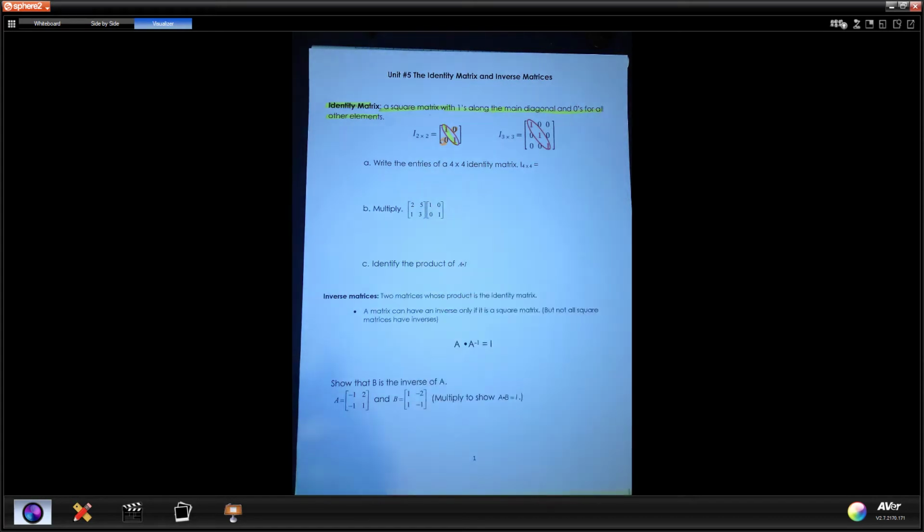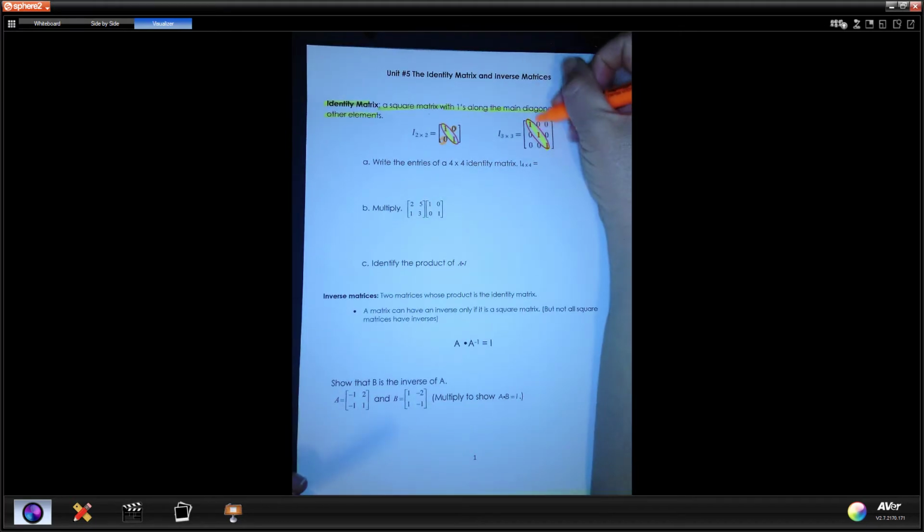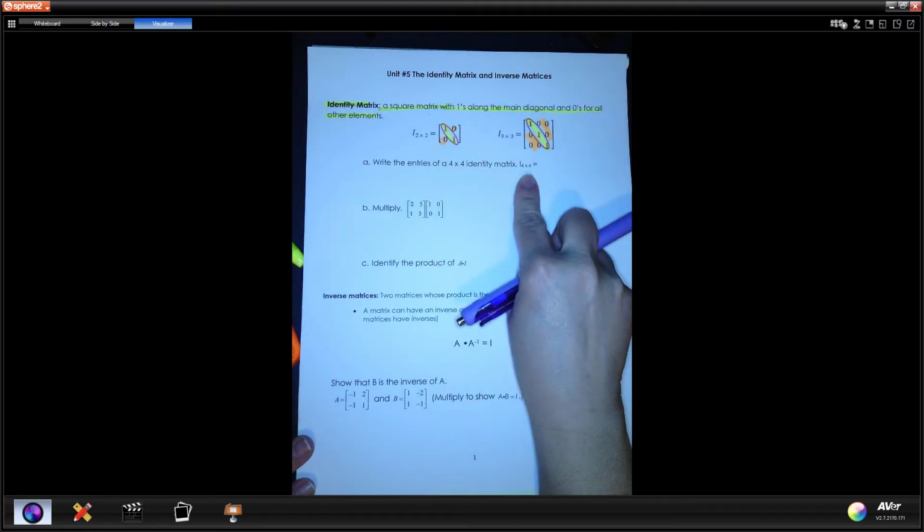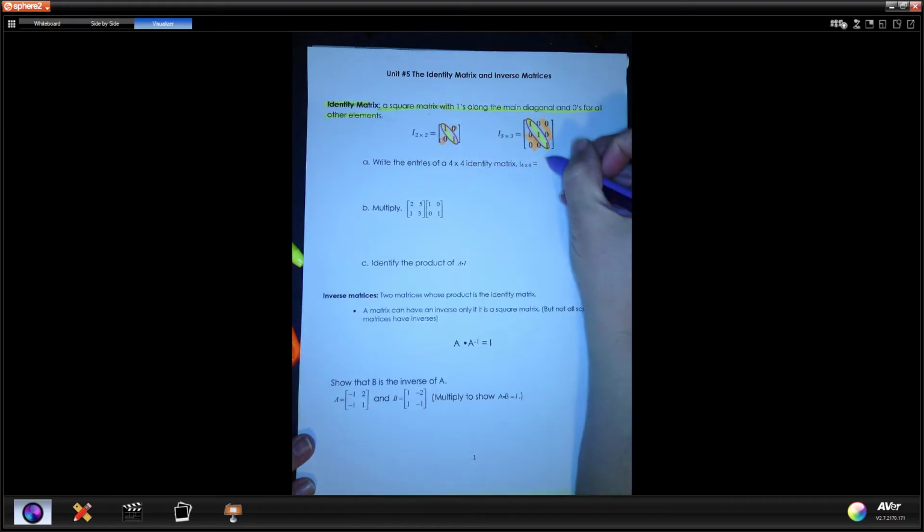This is the identity of a 3 by 3. So we have that diagonal of ones, and once again, we're going to have zeros above and zeros below. If we were asked, for example, to write the identity matrix of a 4 by 4, that 4 by 4 simply means the size, and that letter I stands for identity.